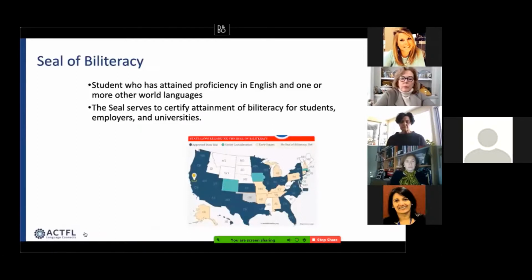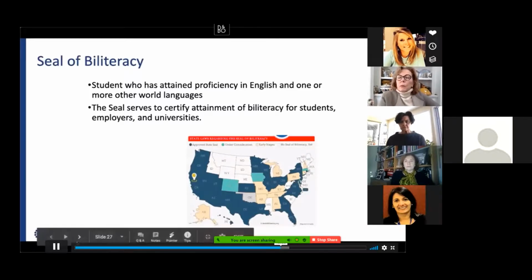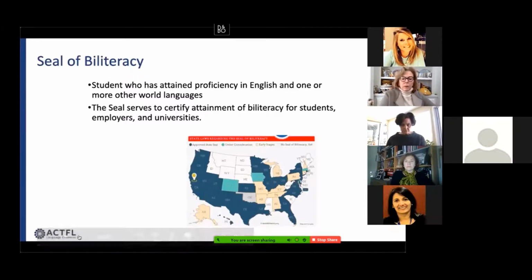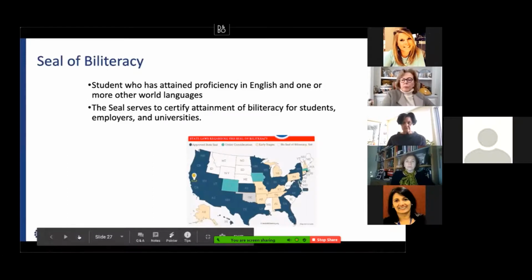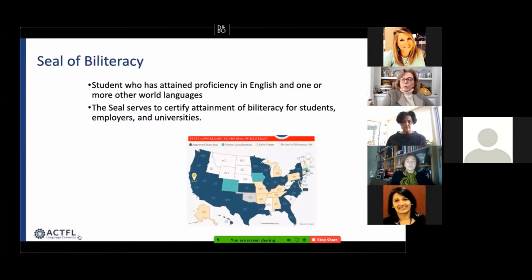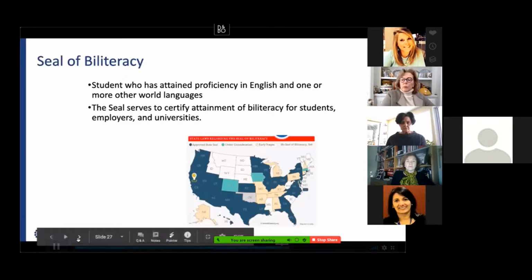And this seal is being recognized now by universities and by employers. You can see in the back there, the states that are very dark are states that already have a seal of biliteracy, for which an ACTFL assessment is one of the possible means. The ones in the lighter tan are programs that are in the process of adopting the seal of biliteracy.